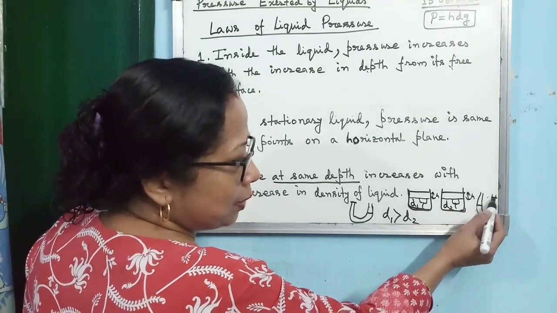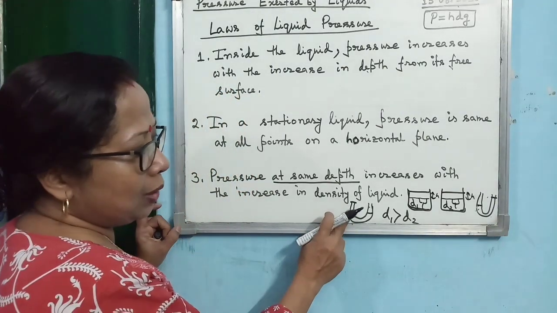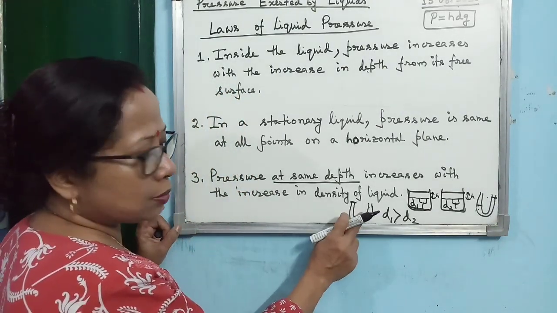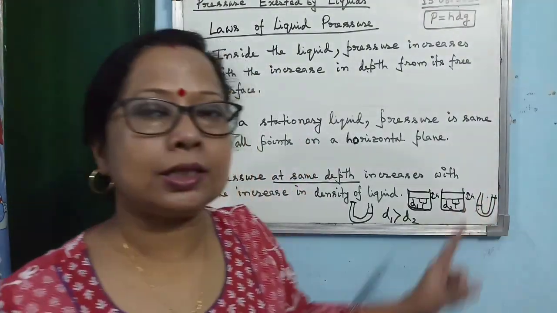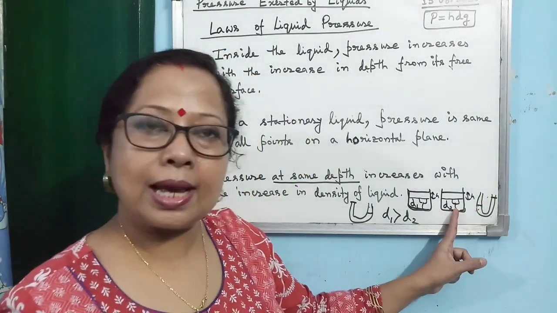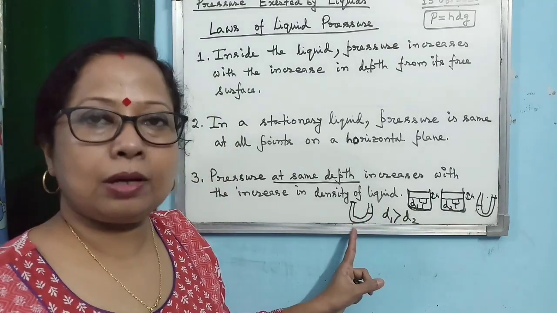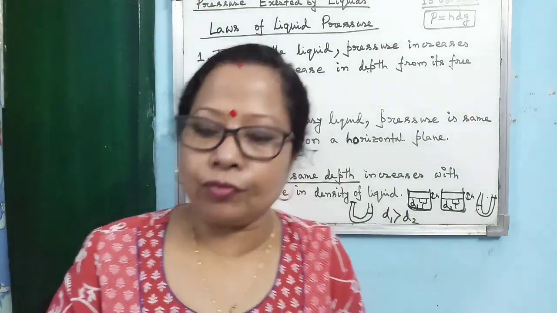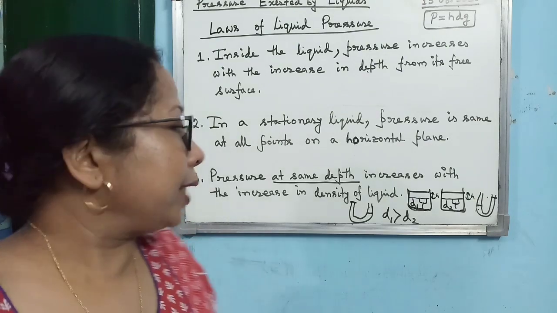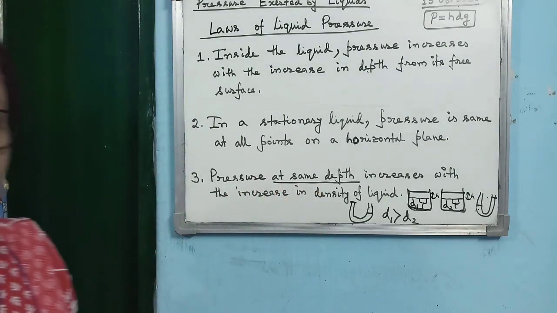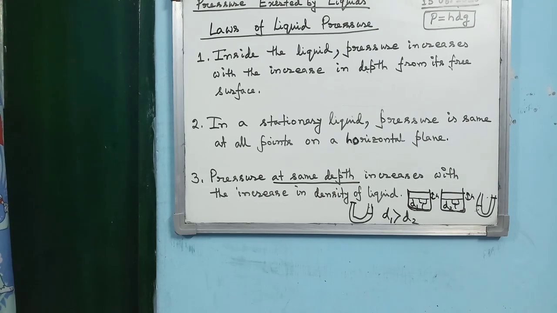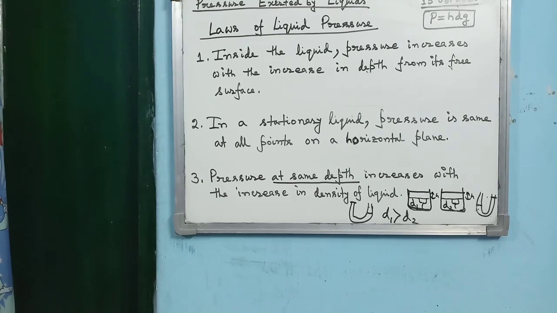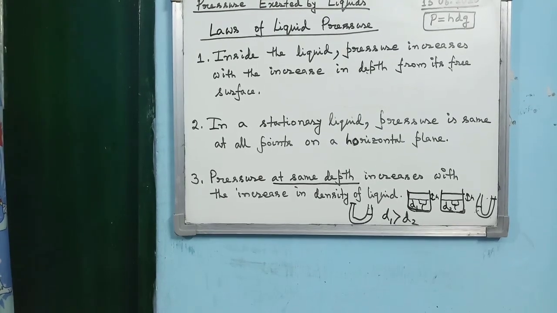So the difference between these 2 mercury levels will be less than the difference in the first case. When the difference is less, the pressure is less, and here the pressure is more. So this is the way one can verify the third law of liquid pressure, that pressure at the same depth increases with the increase in the density of the liquid.